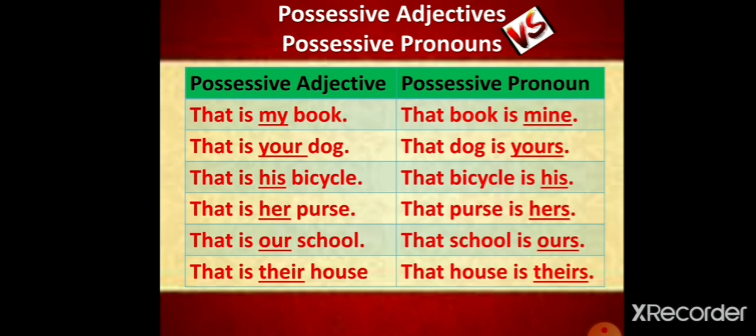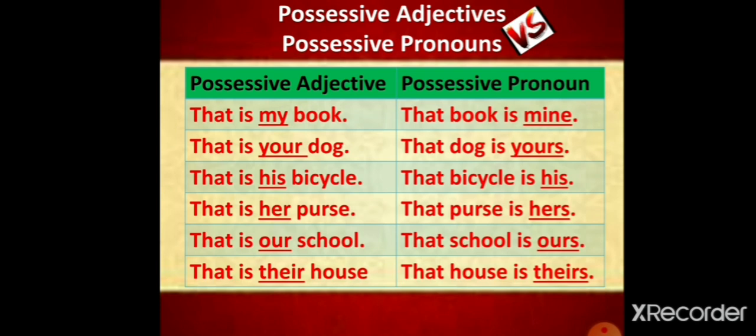All right, let me just read them out one by one. That is my book. अब क्योंकि ये possessive adjective है, that is my book, ये बता रहा है कि मेरी बुक है. बट जब हमने my को कन्वर्ट किया mine में, तो ये बन गया possessive pronoun. क्या बना? That book is mine. Okay, my से mine बना और it is that book is mine.